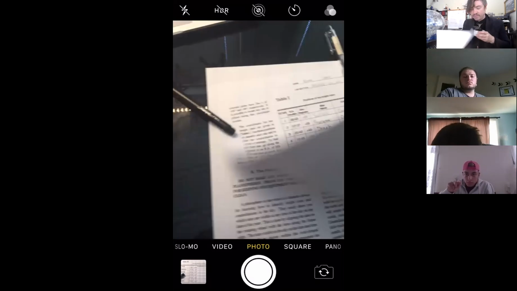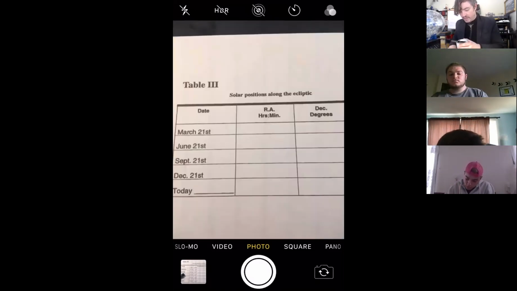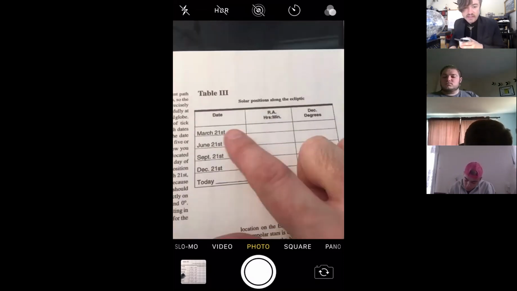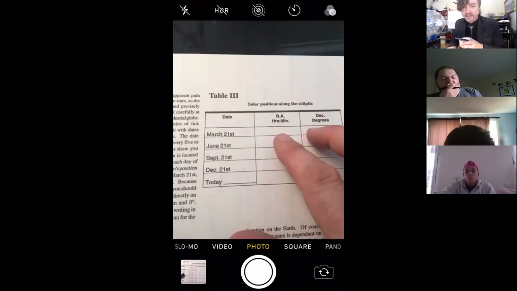We're going to do one more bit before we end, and this is a fun bit. Solar positions along the ecliptic. We want to move the sun to these dates and then see if we can empirically determine the right ascension and declination.